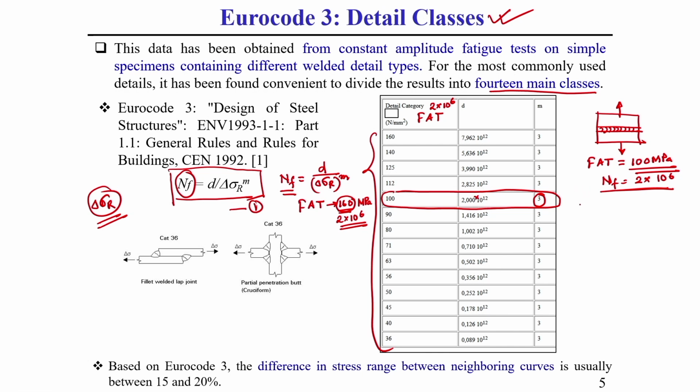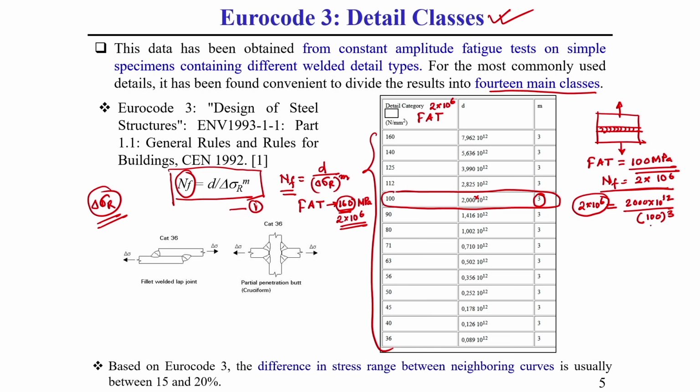Here you can write 2 into 10 to the power 6 cycles equal to D, which is 2000 into 10 to the power 12, divided by delta sigma r, the fat value, to the power 3.